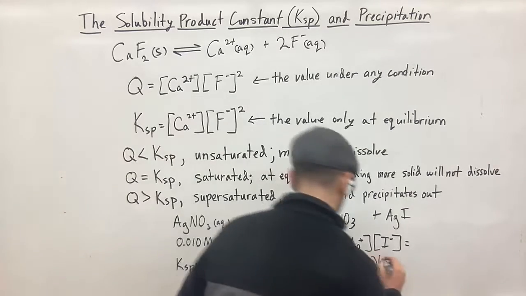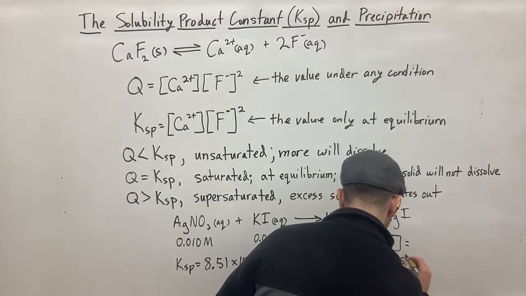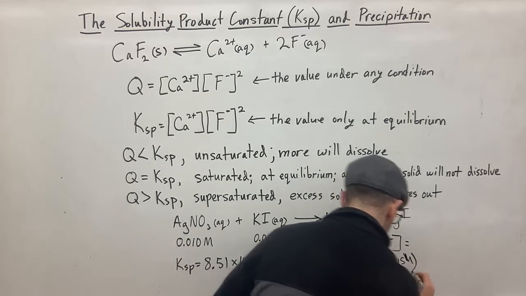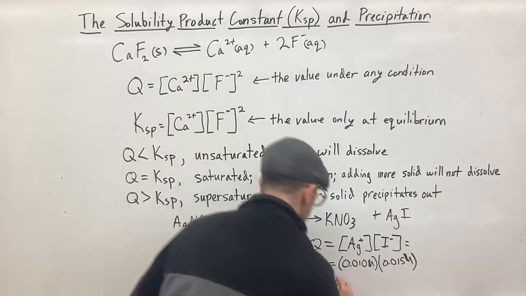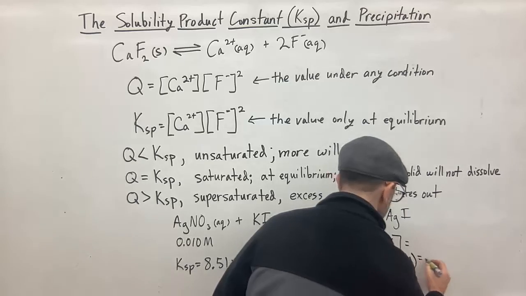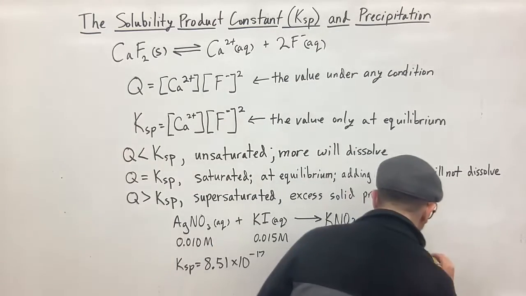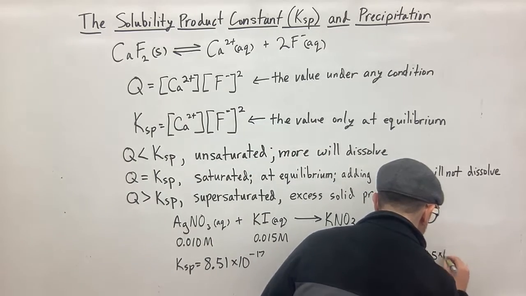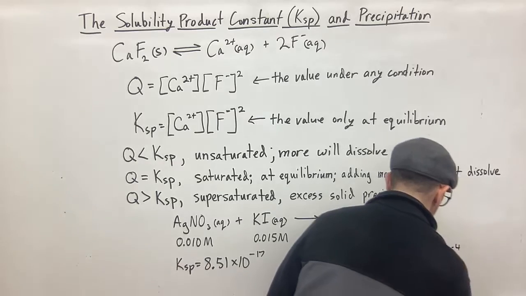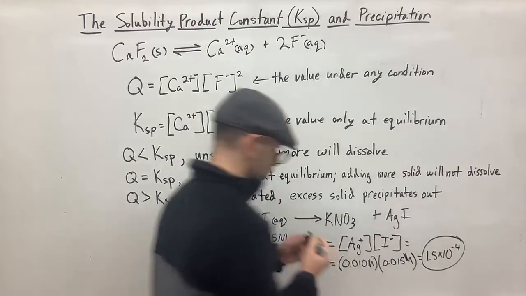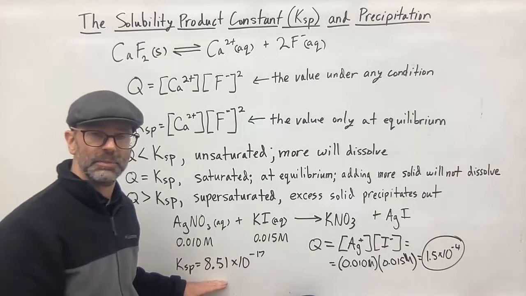I'm going to write that in. And when I calculate that out, that's going to be equal to 1.5 times 10 to the negative 4. Now that's my Q.